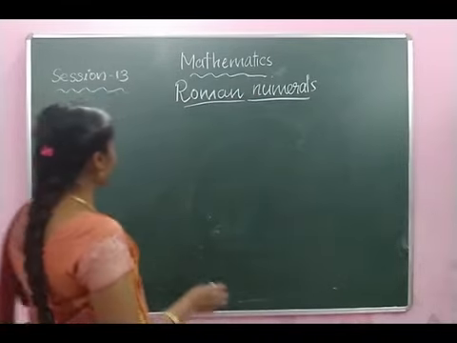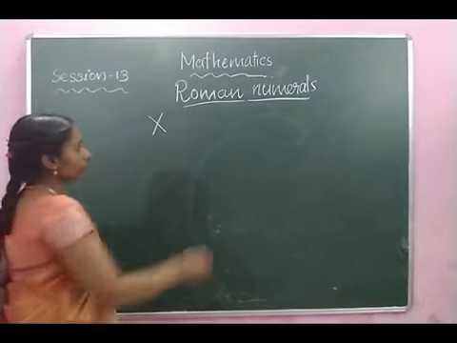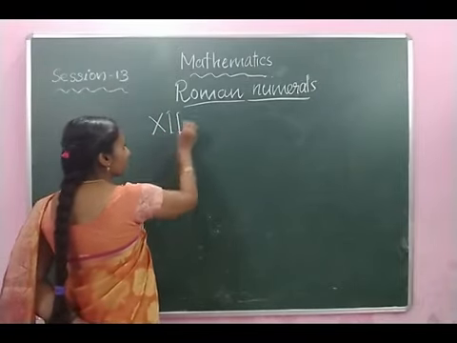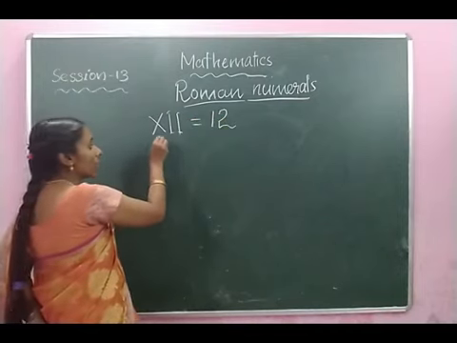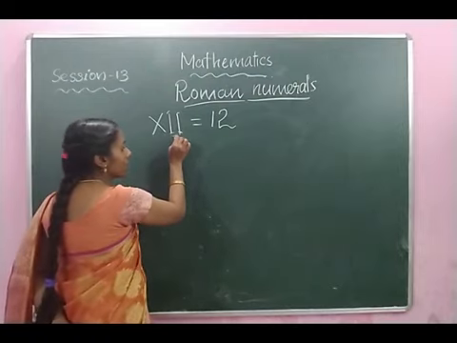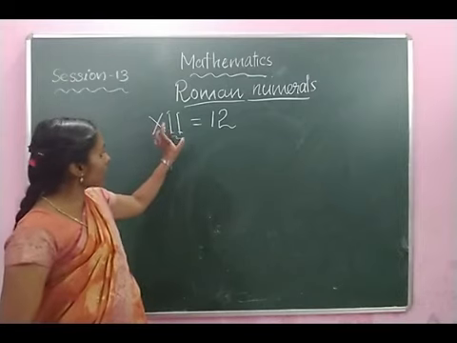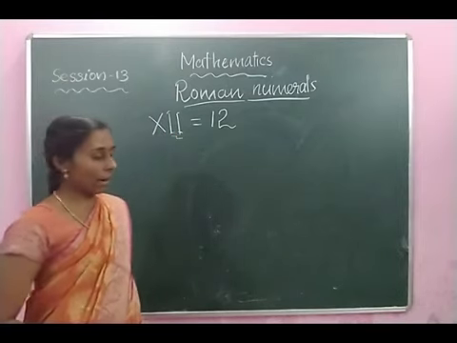For example, X means 10. Here I have written XII, that means 12. How did you get this 12? 10 plus 1 plus 1, that is 12. These 2 numerals are repeating. That shows II means 2 and XII means 12.